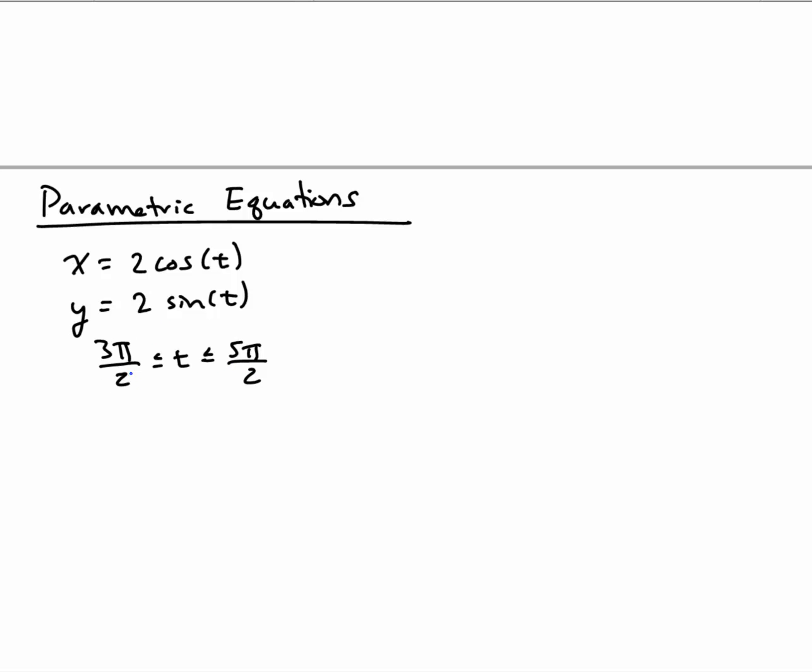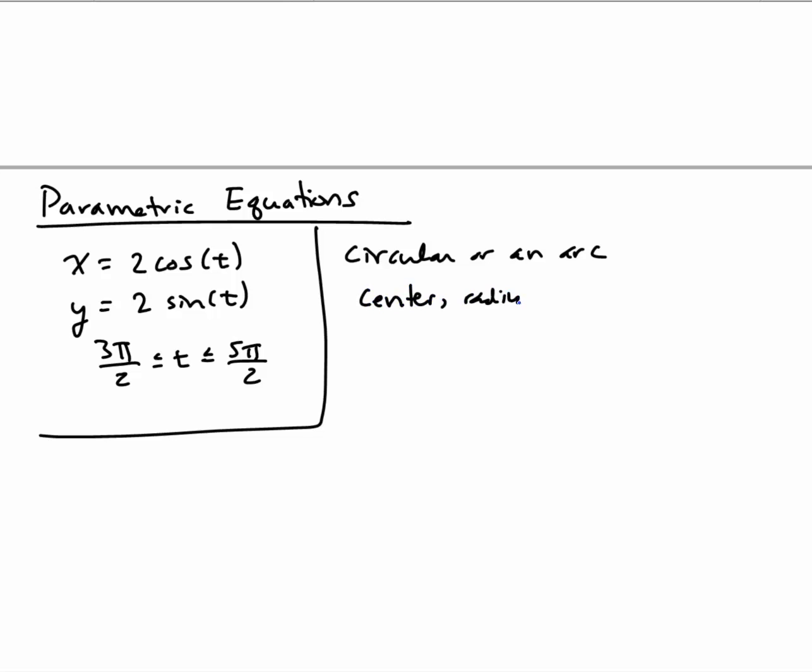So first of all, we're given some information here. It tells us that it's either a circle or part of a circle. So this is circular or an arc from a circle. And we need to find the center of this arc or this circle and the radius.